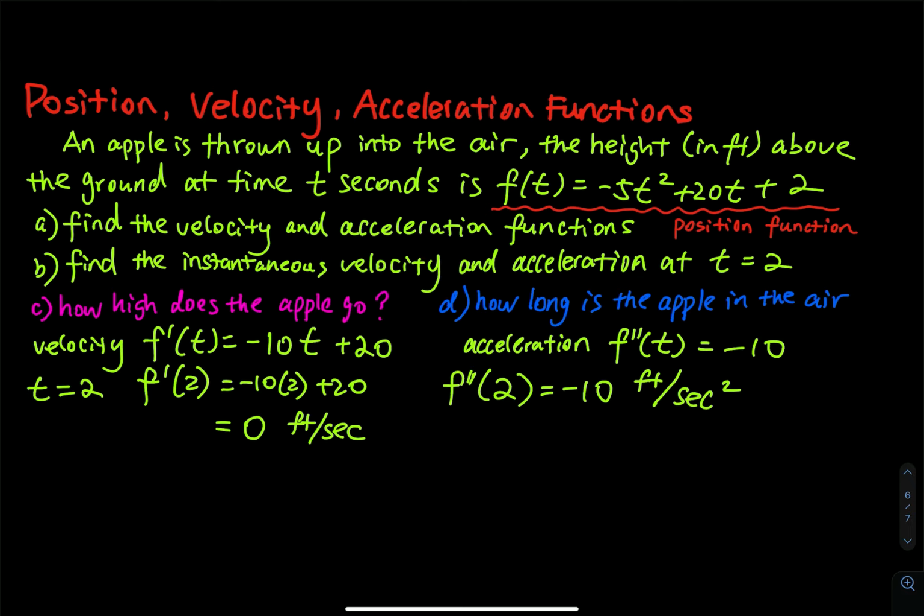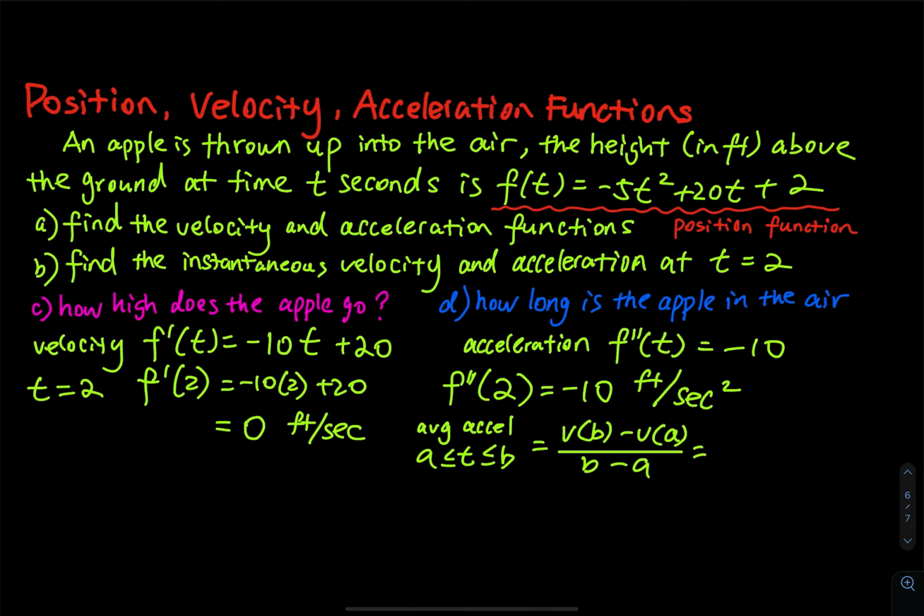Why is this in feet per second square? This is based on the concept from average acceleration. So remember this, for average acceleration, we have the time interval between A and B. We use the velocity at time B minus velocity at time A, divided by B minus A. Just like y2 minus y1 divided by x2 minus x1, the velocity is in feet per second, and the B minus A is time minus time, so the unit is seconds.